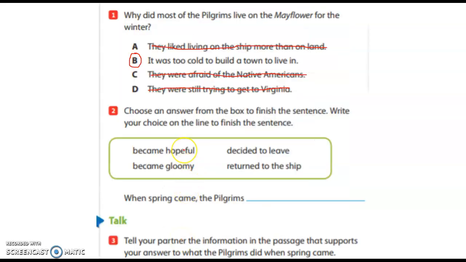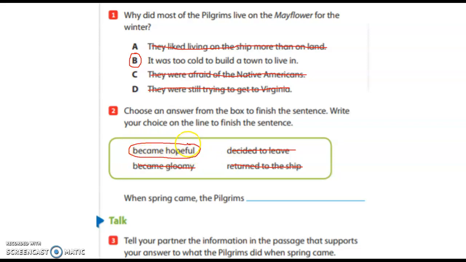So that could be my answer, but we want to make sure we read all of the answer choices. Became gloomy? Definitely didn't say that. Decided to leave? No, that's not what it said. Returned to the ship? Well, that was in the winter, wasn't it? So when spring came, the Pilgrims became hopeful.